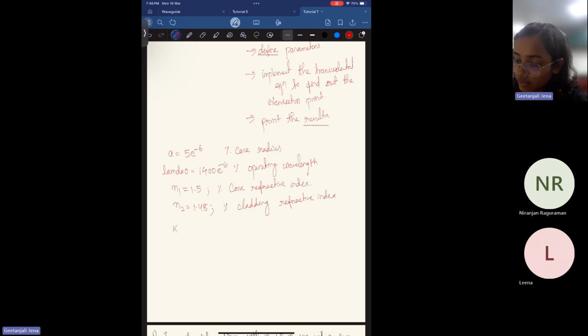Next thing we have is the K0 value, which is 2 pi a over lambda 0. This is the language that we use in MATLAB. This is free space wave number.